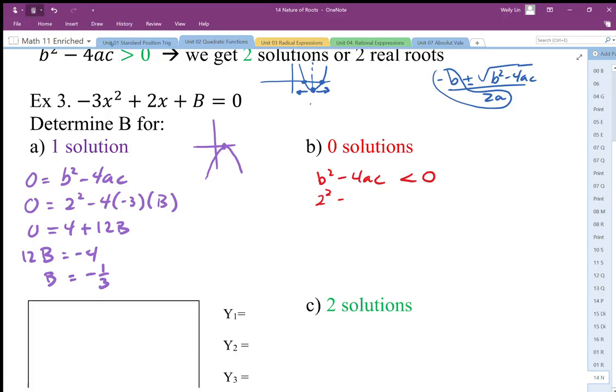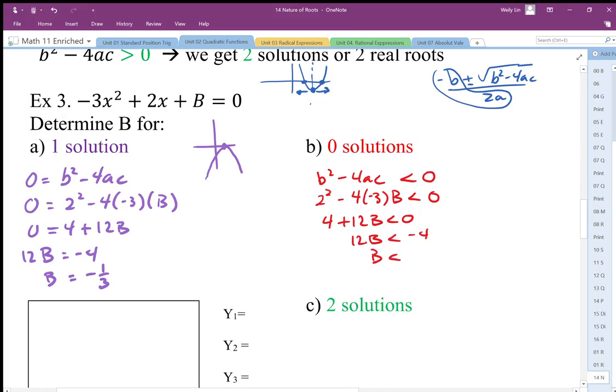Now for the 0 solutions, if we shifted it down to negative 1/3 and keep on shifting it down, so less than negative 1/3, I should end up with no solution. So I'm going to plug that back in. 4 times negative 3, the c value was our b value, so it's the same equation here, but now we have an inequality. Solving this, we end up with 12b is less than negative 4.